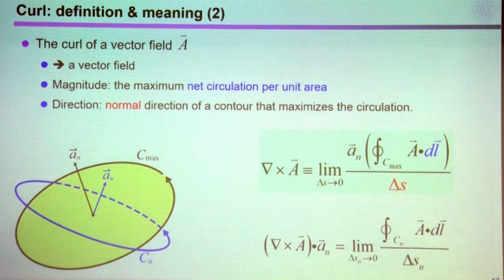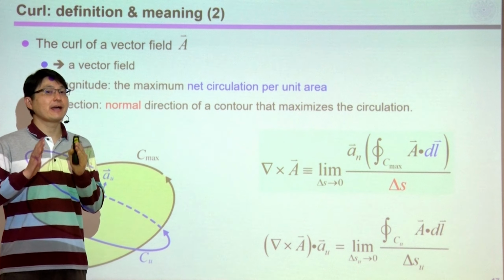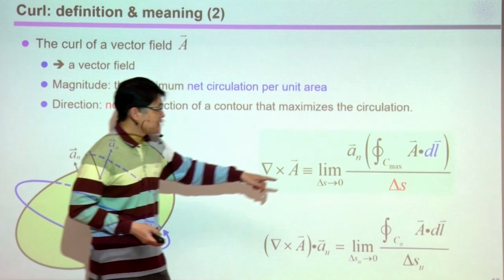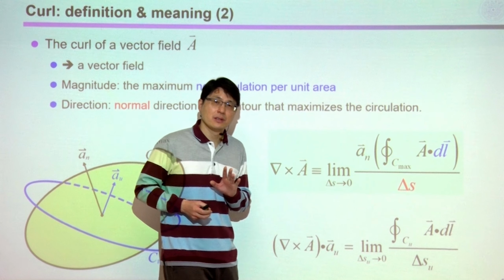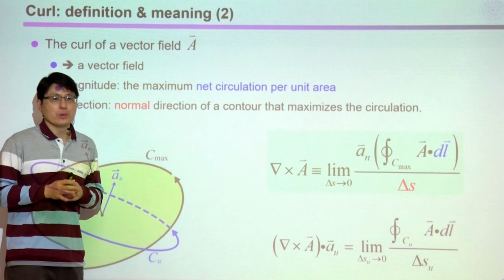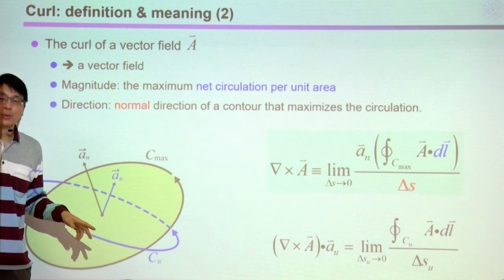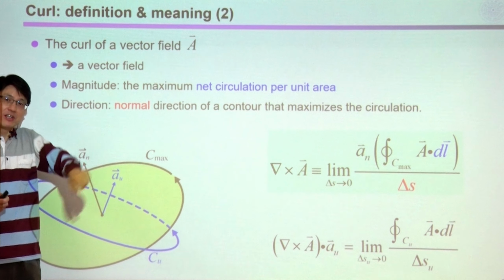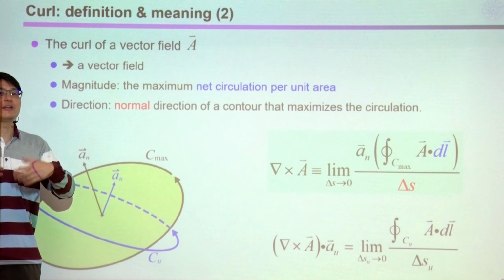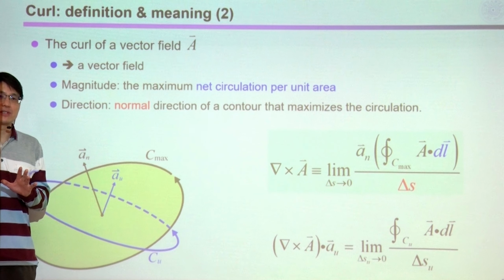Right? After you perform a curl, you have a vector, so it has its direction and its magnitude. So I want to know along which closed loop I would arrive at the maximum amount of circulation, or gain in energy. Okay, so that's the definition.